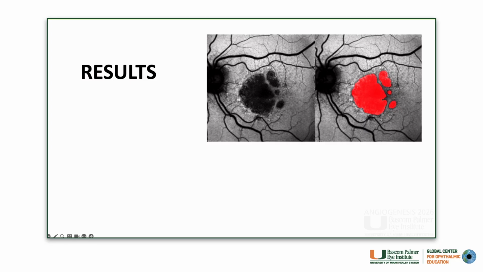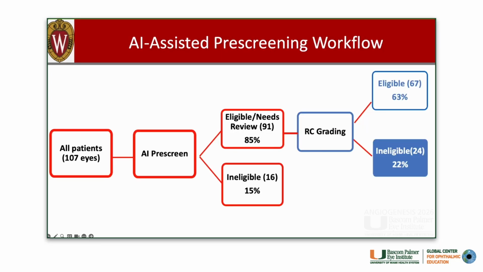Let me share with you our results. Here we have the numbers for that pre-screening workflow. 107 eyes were evaluated, AI pre-screen done for each of those eyes. Of those eyes, 91 went on to be reviewed by the reading center because the clinician reviewed the image and said this patient's eligible or could be very close.